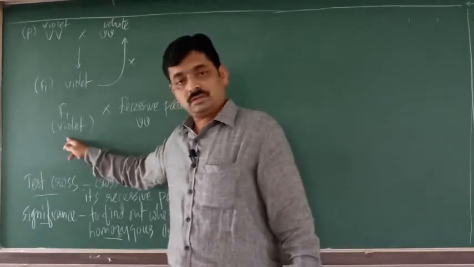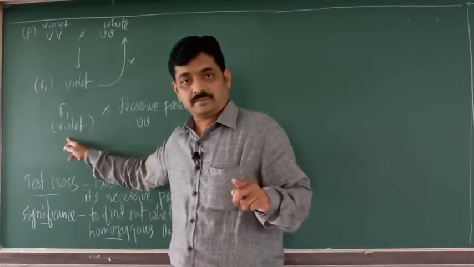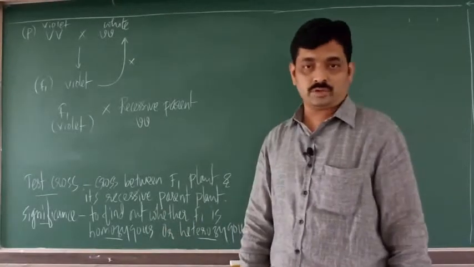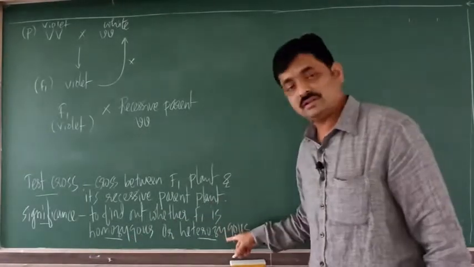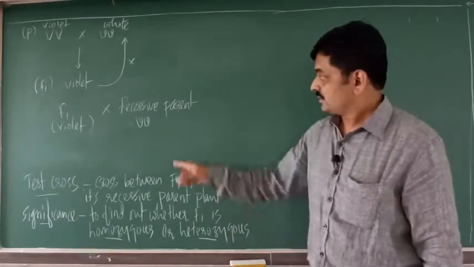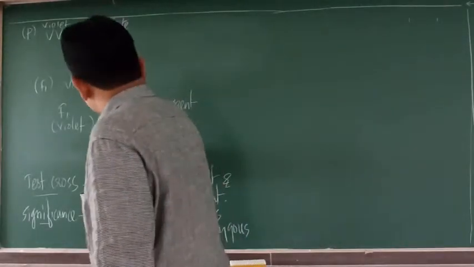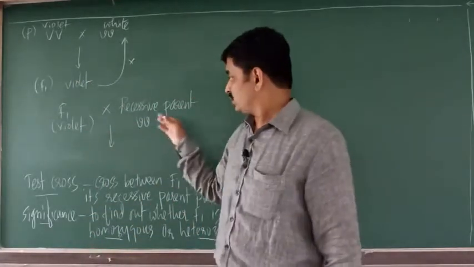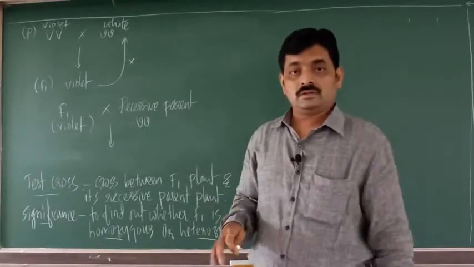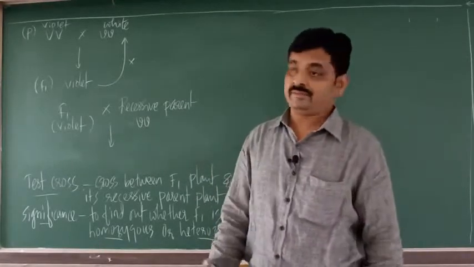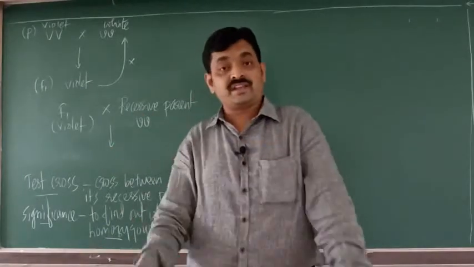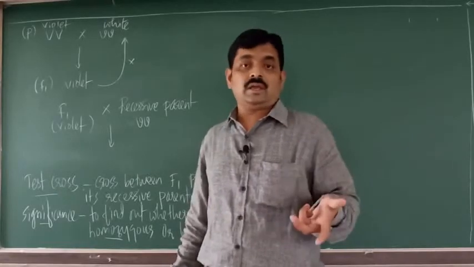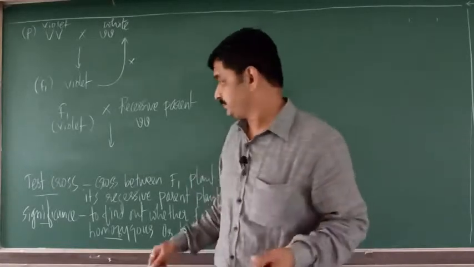We want to find out the genotype of F1, right? Whether it is homozygous or heterozygous. Now, when you cross this F1, which is violet, with the recessive parent plant in the garden, what is the possibility in this cross? The offsprings which we obtain may produce violet flowers.